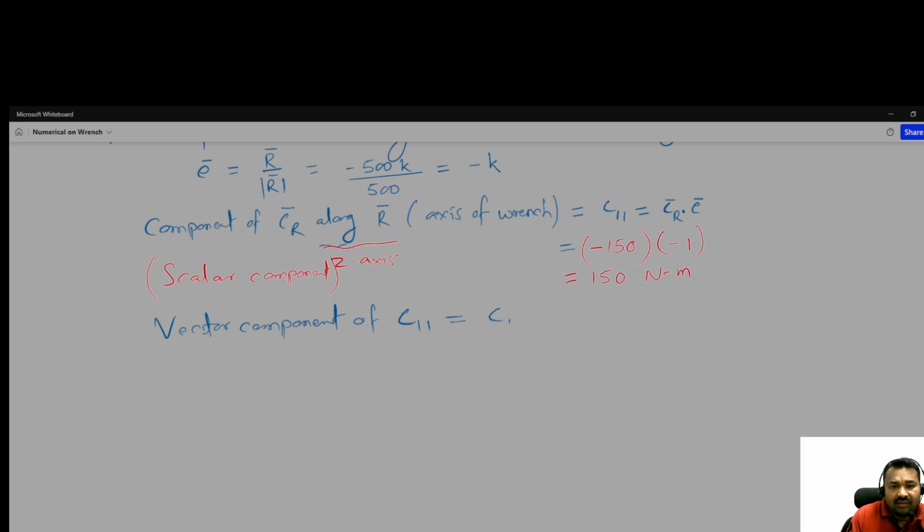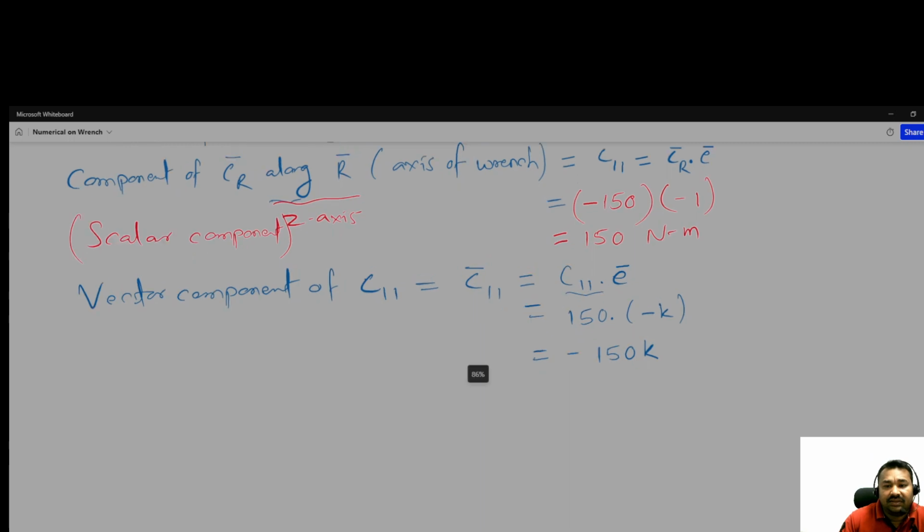C parallel in vector form is C parallel multiplied by e bar, the unit vector. We have 150, and e is minus K. So we have minus 150K. Okay, now what is next?